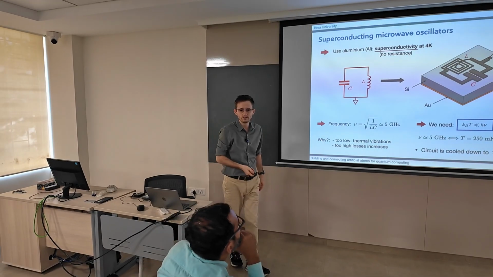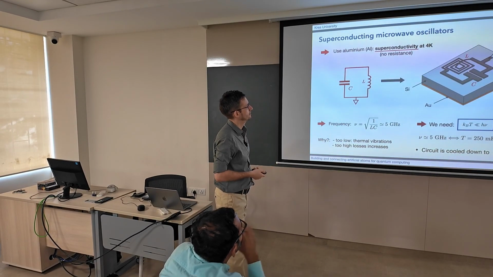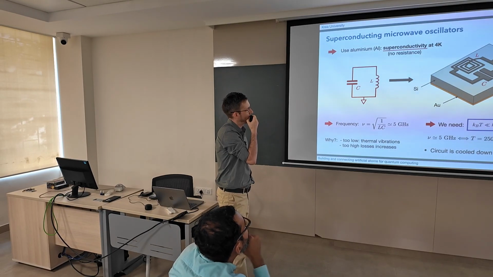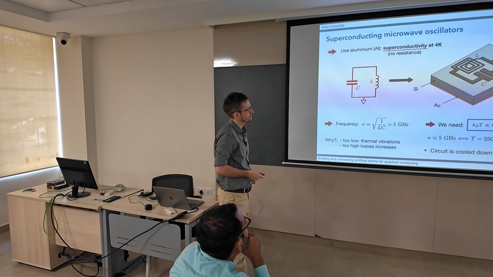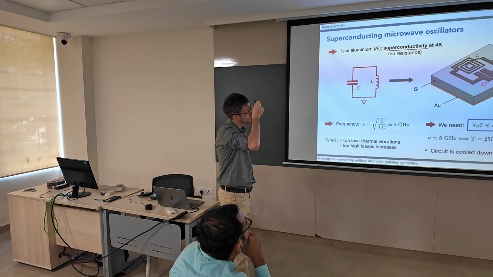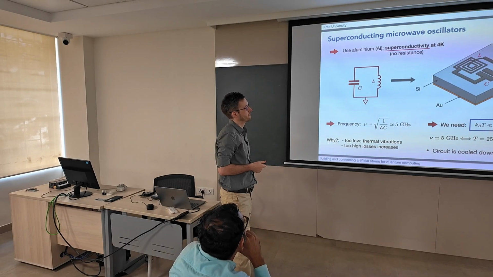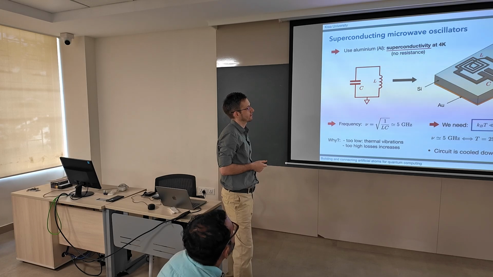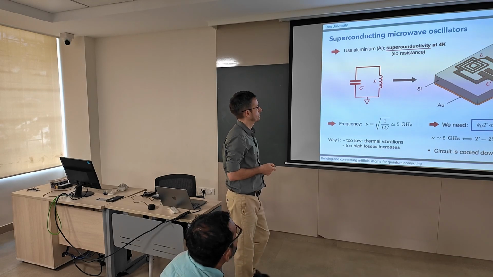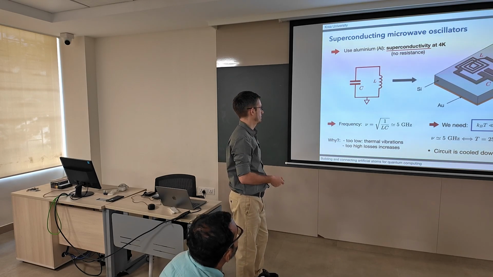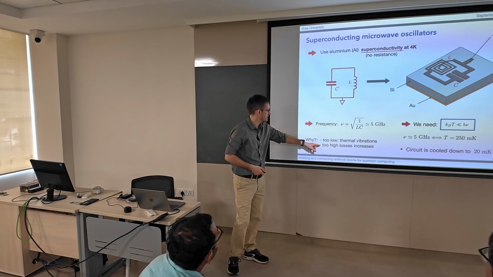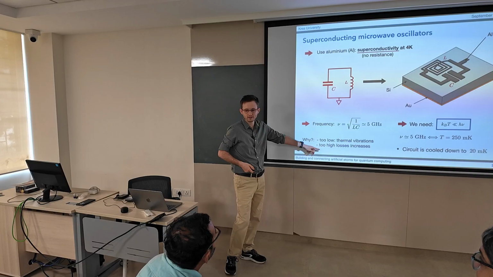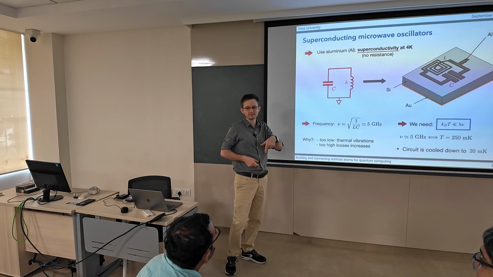Can this LC be reduced so much further, so that you can have a reasonably high nu and operate at a bit higher temperature? Because 250 millikelvin, you have to maintain that. That's an issue. Is it possible to play with your LC to make it operate at a bit higher temperature? If the frequency is too high, at microwave frequencies, I didn't specify this, you'll get too many losses, especially in the cables, and the dielectric losses start to increase.